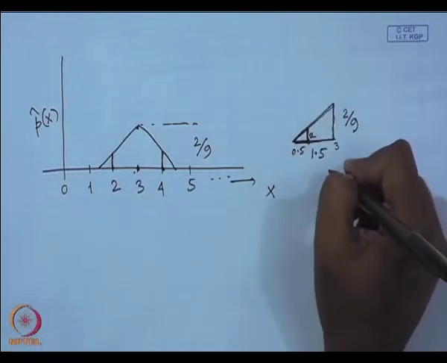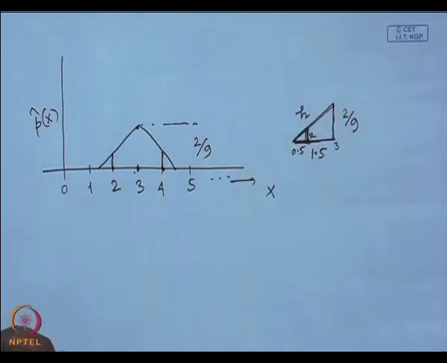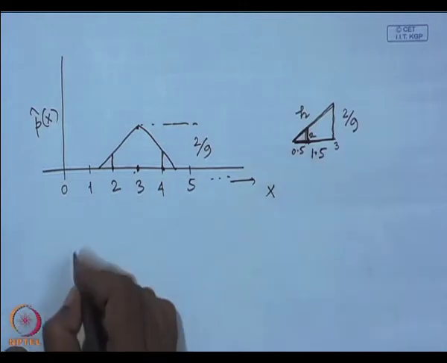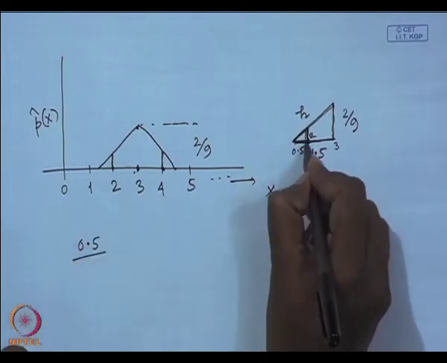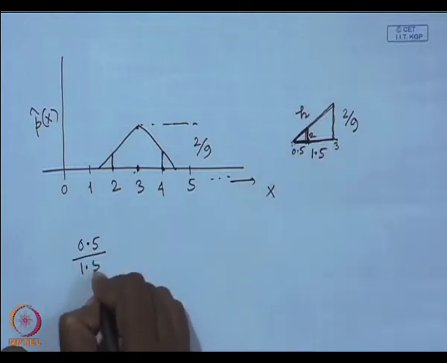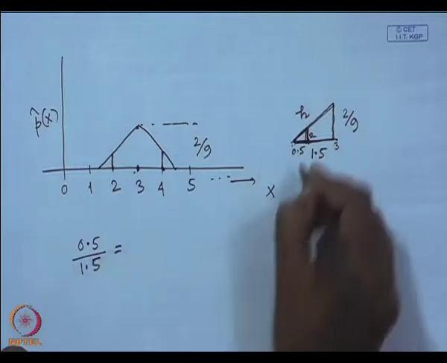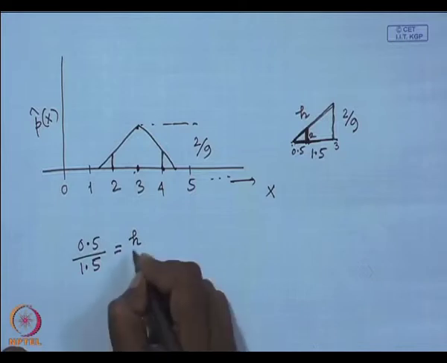So, if this height is h, following the properties of symmetrical triangles, I can immediately say that 0.5 upon 1.5, that is this length upon 1.5, is equal to h upon 2 by 9.